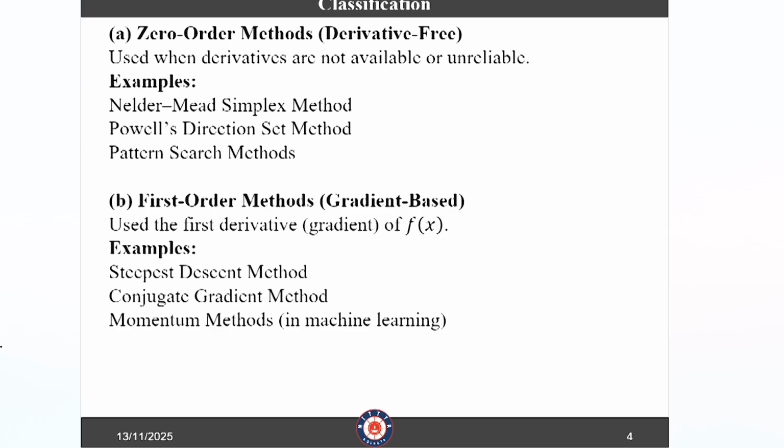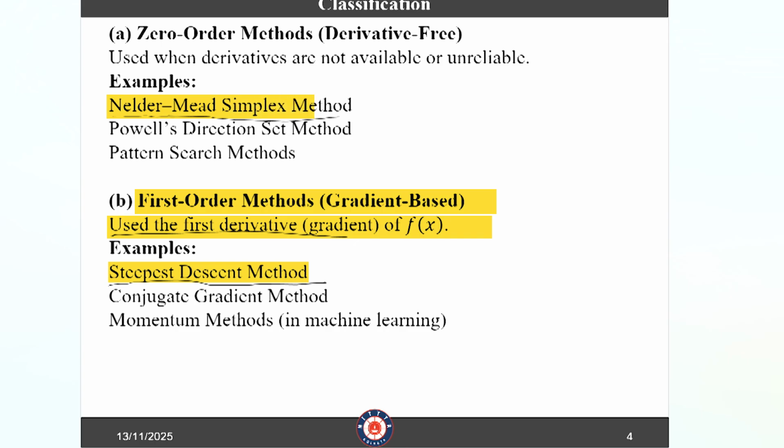We will discuss this method in the lectures, this gradient based and first order method, that means for multivariable functions we will use this also. There are some other examples also: Nelder-Mead simplex method, Powell's direction set method, pattern search method.